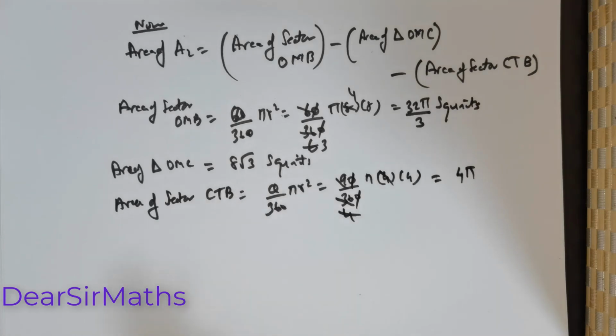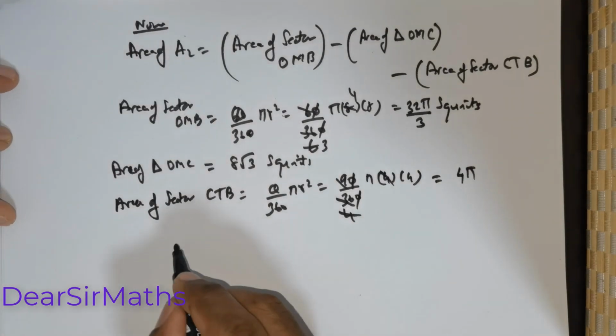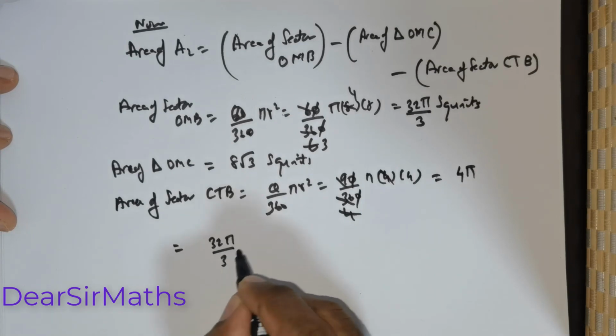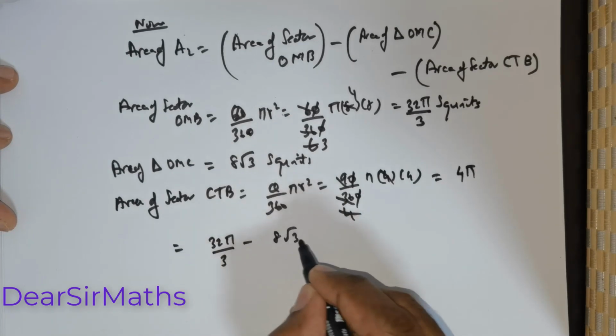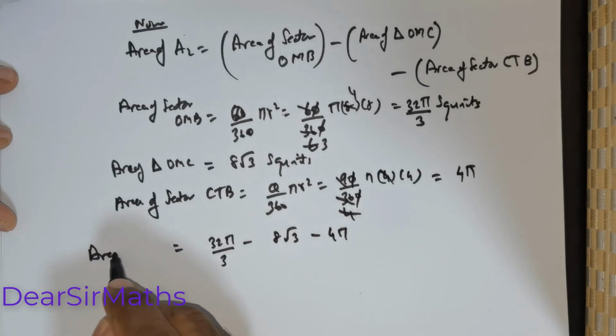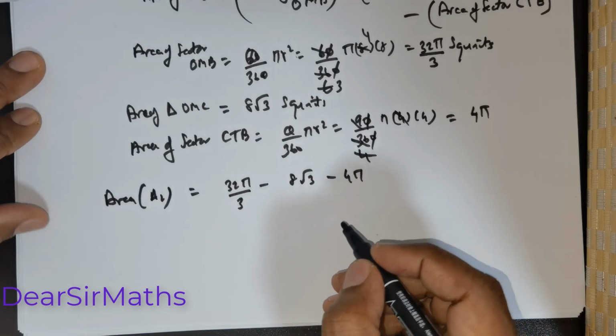But what we have to observe here is that we need to perform the final execution. After getting the area here, we need to sum up all this. So let me do that. This is equal to 32 pi over 3 minus 8 root 3 and then minus 4 pi. This is the area of A2. Now we are expected to obtain the area of the shaded region.